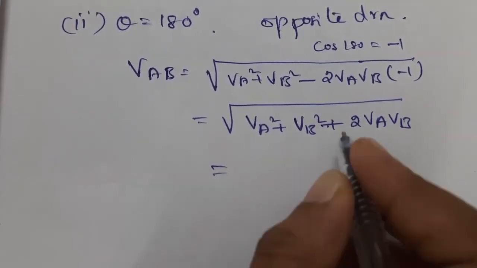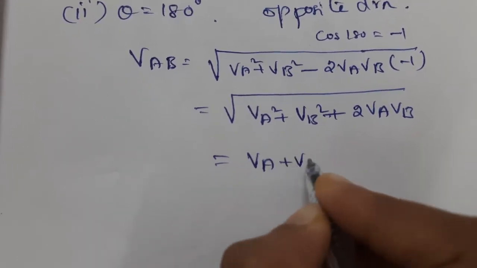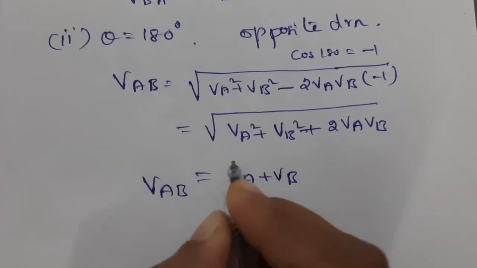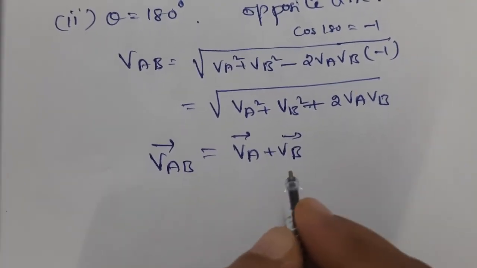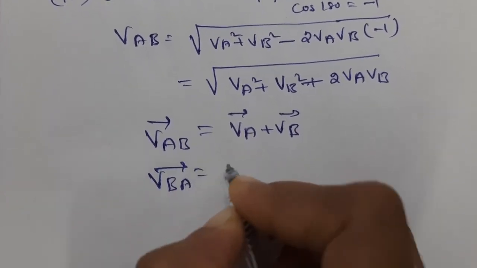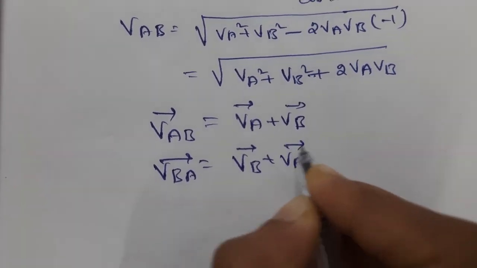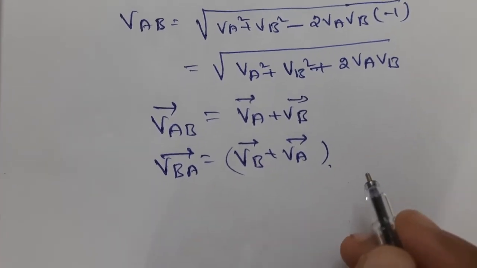So we can write VA plus VB the whole square root, or we can write VA plus VB. So VAB is equal to VA plus VB, which is in the direction of A. Similarly, VBA can be written as VB plus VA, that is in the direction of VB.